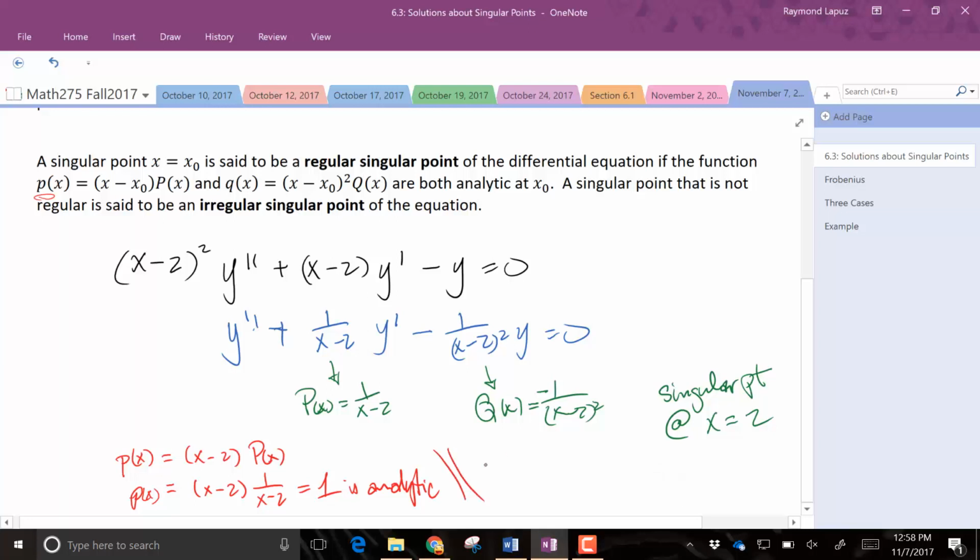And we'll do the same thing and define a new function called little q, which is x minus 2 squared times big Q, and that's x minus 2 squared times -1 over x minus 2 squared, which again is a constant, and therefore analytic.